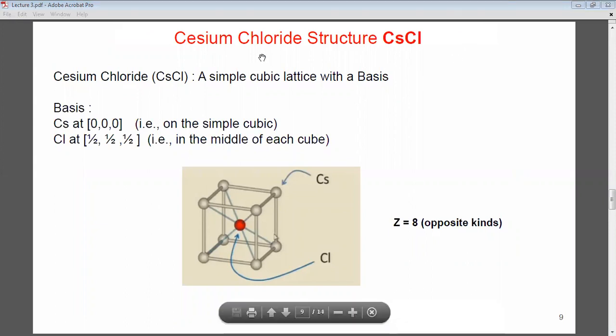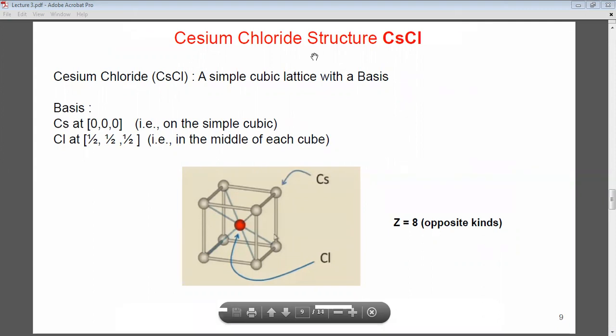Why is it called cesium chloride structure? It's a very important structure, and it is named this way because the material cesium chloride takes that structure. So any structure that looks like a cesium chloride structure, we say it has a cesium chloride structure.